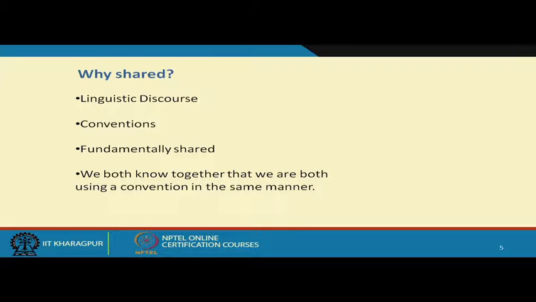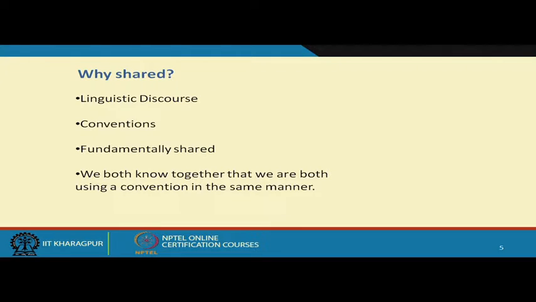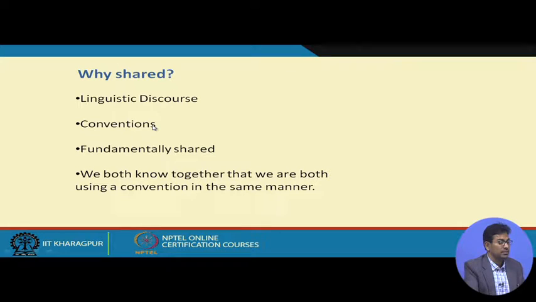So, another very important aspect in terms of linguistics is why we are talking about shared intentions. I will very quickly go through this slide, where linguistic discourse is always shared. There have to be common conventions reached. So, essentially it means that it has to be shared in nature. A common linguistic discourse relies on shared conventions; everyone has to agree to it.